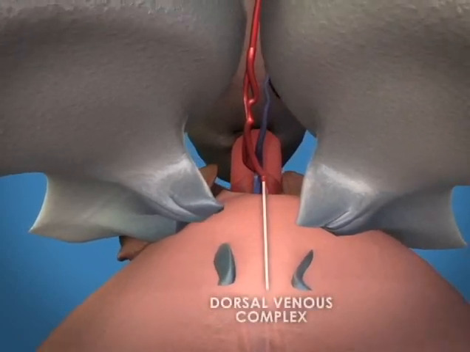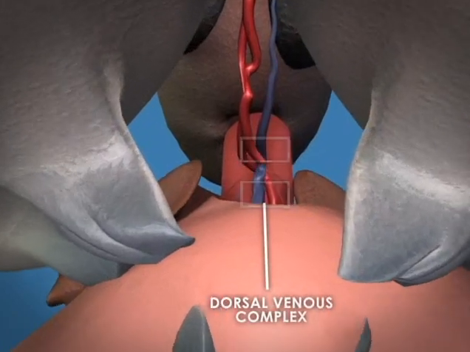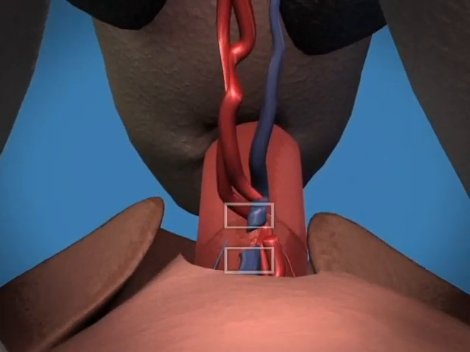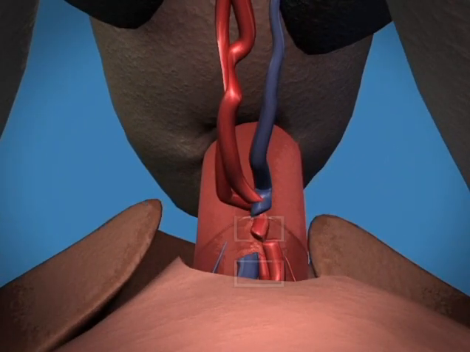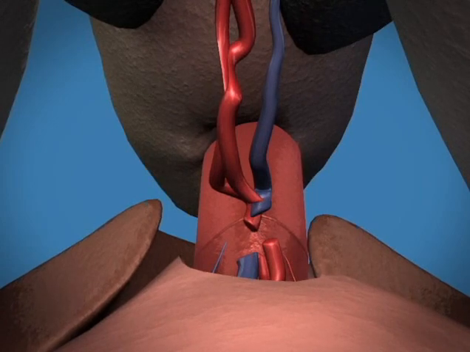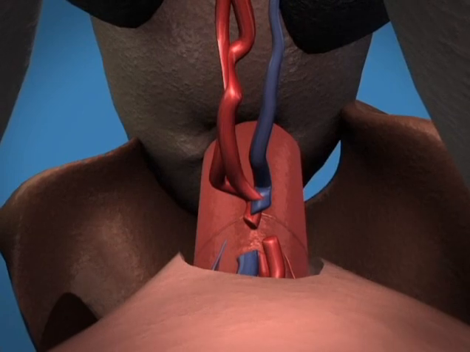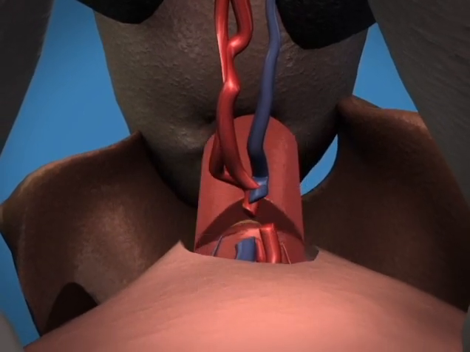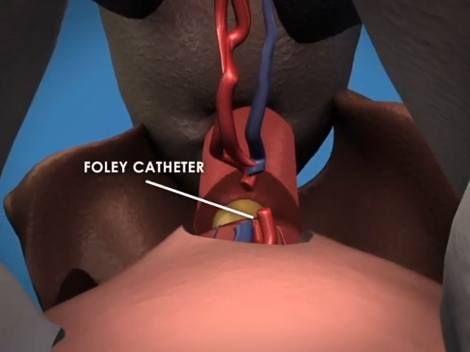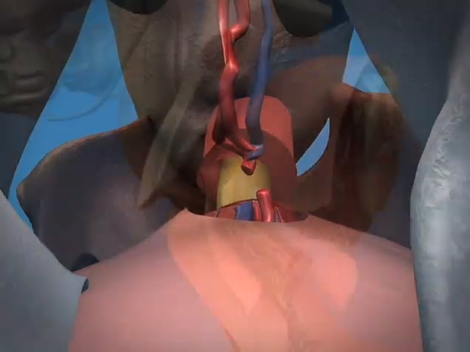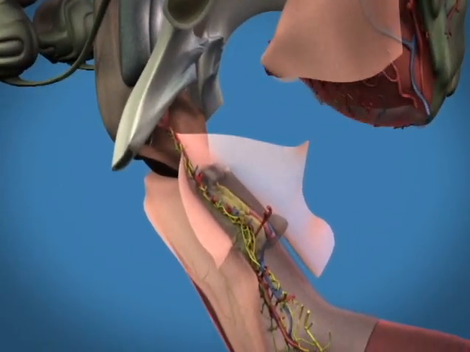The dorsal venous complex is now also secured and then cut. Next, the prostate is freed from the striated urethral sphincter, and the urethra is cut. The Foley catheter can be seen here. This frees the prostate for removal from the body.